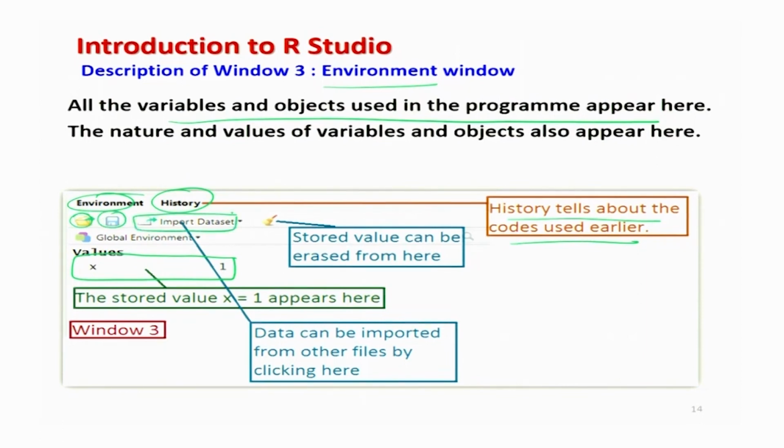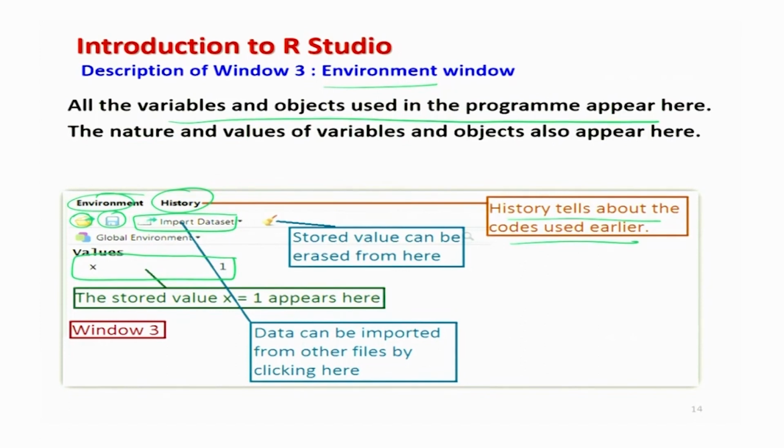Import data set means, well, we have not done it up to now, but I will say that we will discuss in a forthcoming lecture that in R, when you want to read data from different sources like MS Excel or some TXT or CSV format, we have certain commands in R software which have to be executed so that those data sets can be brought into R. Here in RStudio, this gives you direct access: just by clicking on this command you can call those data files inside the R software.